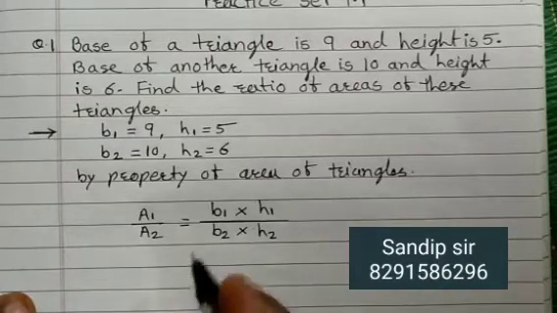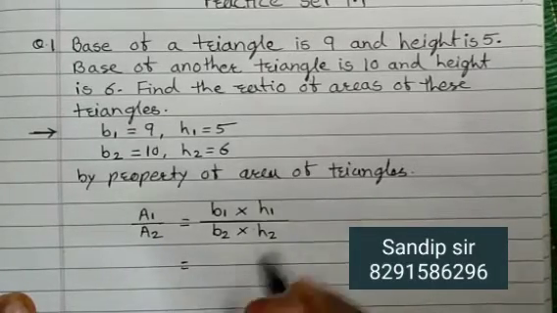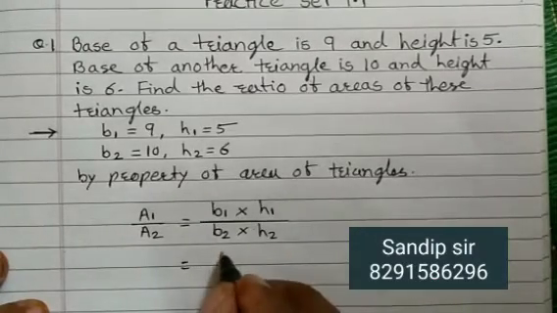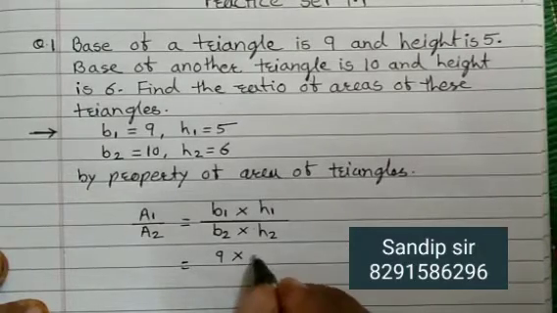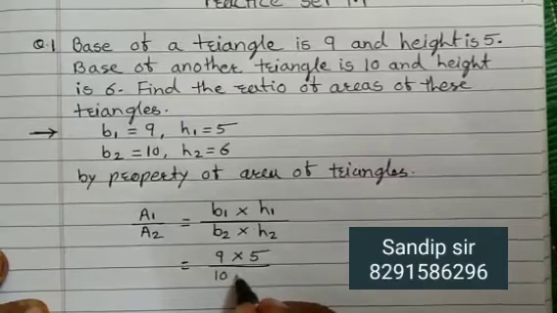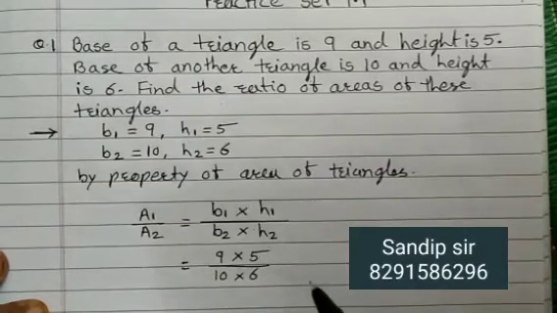Now we fill in the values here. B1 is 9, H1 is 5, B2 is 10, H2 is 6.